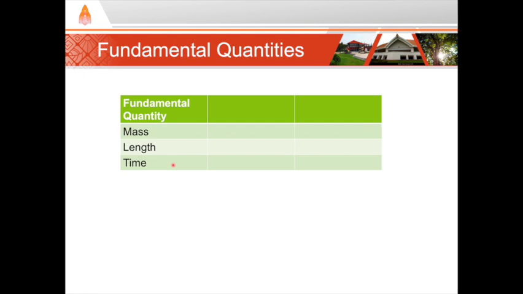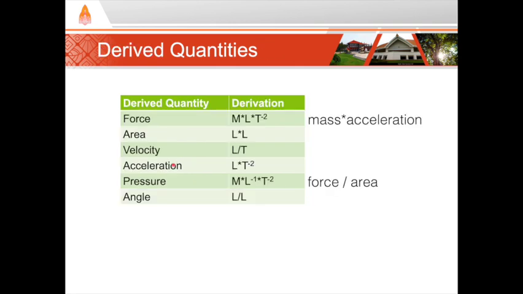And the most important one is force, which we will use in this course extensively. Force is related to mass by Newton's second law, which says that a force is equal to mass times acceleration. So, force is equal to mass times length divided by time divided by time.